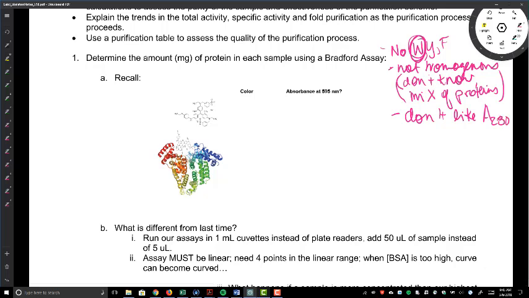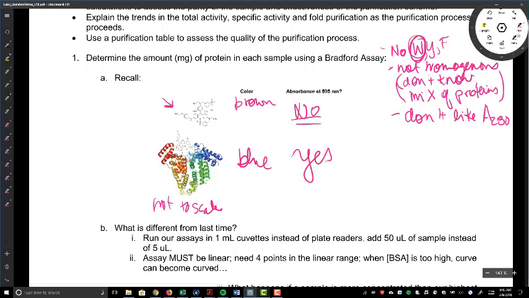So if we recall, the way the Bradford assay works is when we have our Bradford reagent on its own, it's brown, and it does not absorb at 595 nanometers. However, when the Bradford reagent binds the protein, again, this is not to scale, the color changes and we see it turn blue and it absorbs at 595 nanometers.